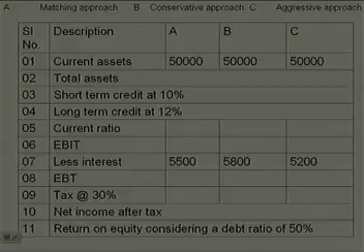The tax rate is also given to you. Now, using all these three approaches, you have to find the return on equity. When you consider a debt equity ratio of 50%, you will find that the three approaches give you entirely different outcomes.